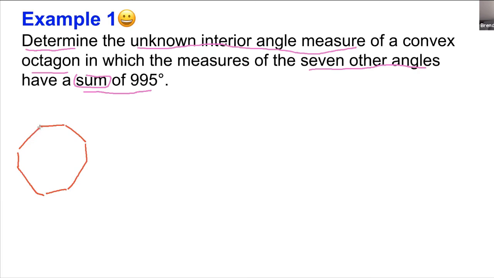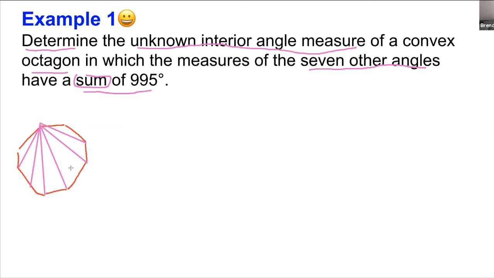Let me choose a different color. So here we have our first triangle, second triangle, third triangle. We should have 6, just like on our previous example.